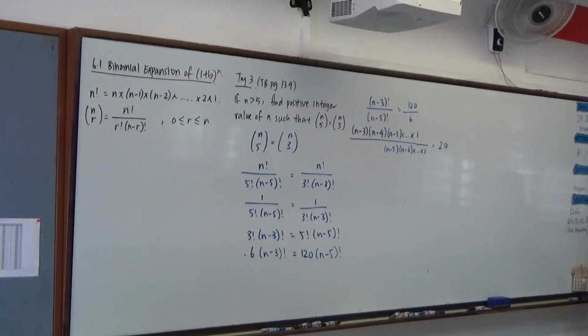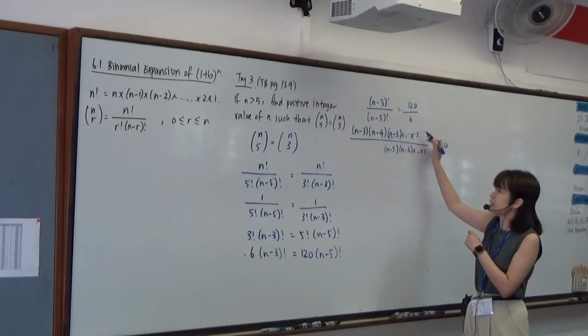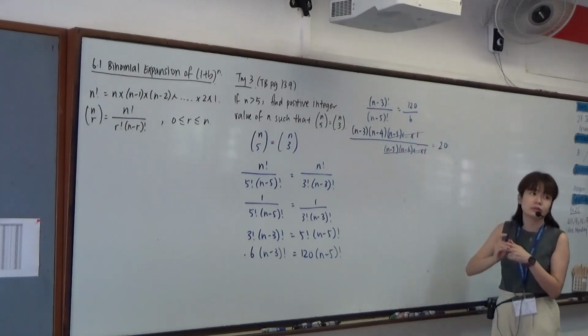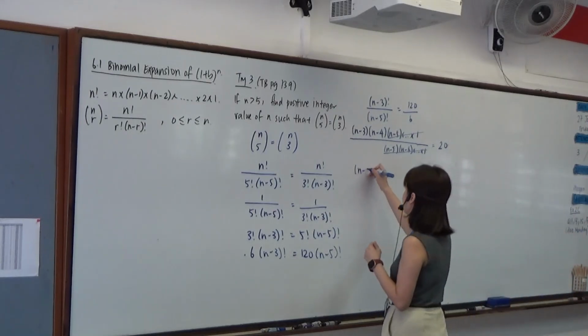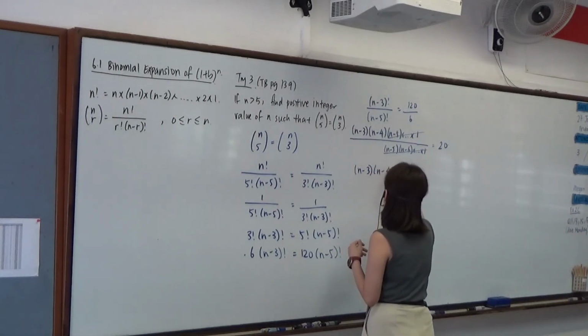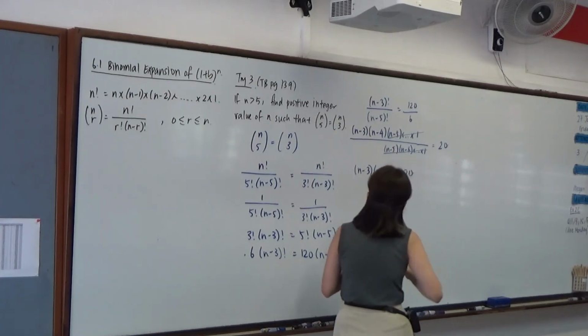I intentionally write it in this manner so that you can see that I can cancel out the n minus 5 factorial. Then we'll be left with n minus 3 times n minus 4 equals 20.